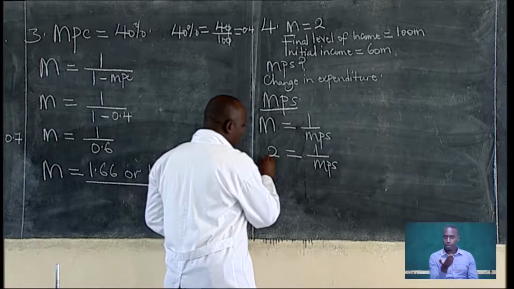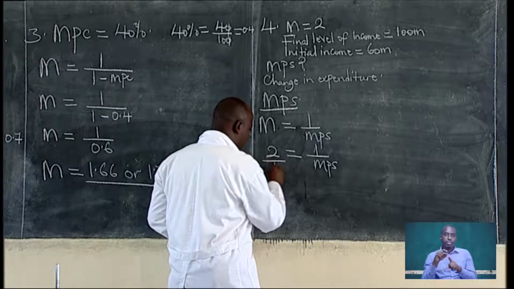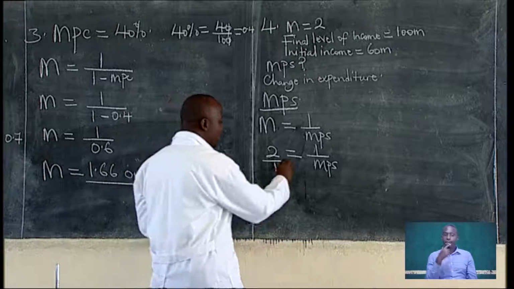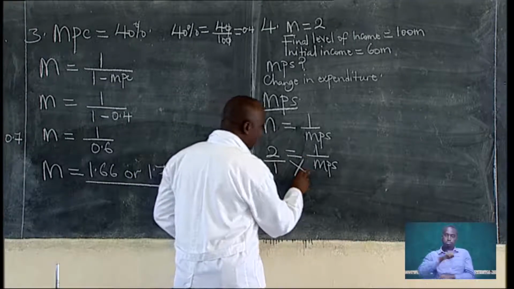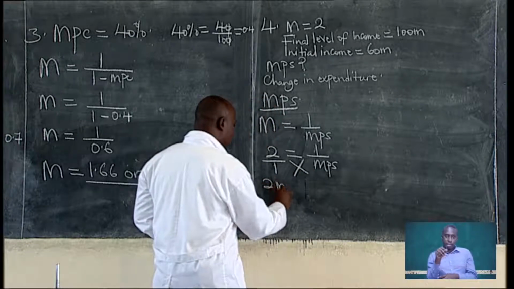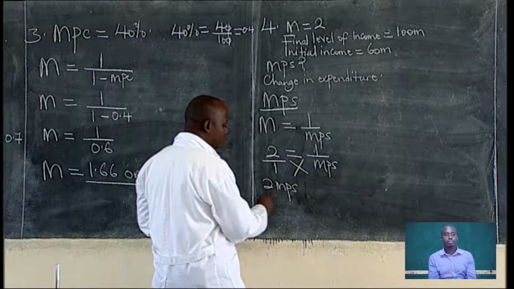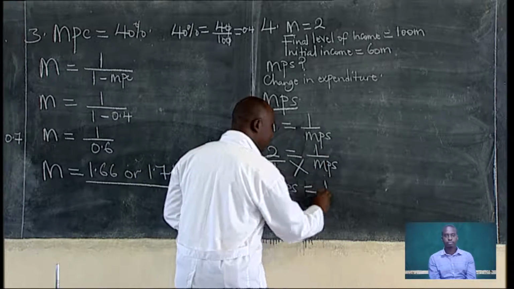Now, we have equal signs, so we shall cross multiply. This is a whole number, which is 2 divided by 1. Cross multiplication: 2 times the marginal propensity to save gives 2 MPS, which is equal to 1 times 1, which is 1.